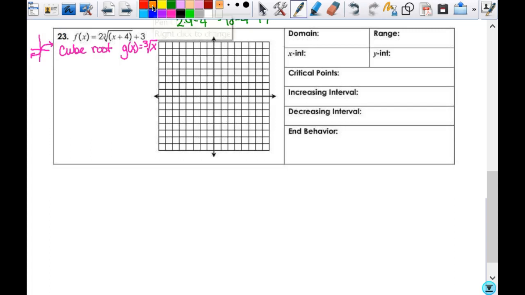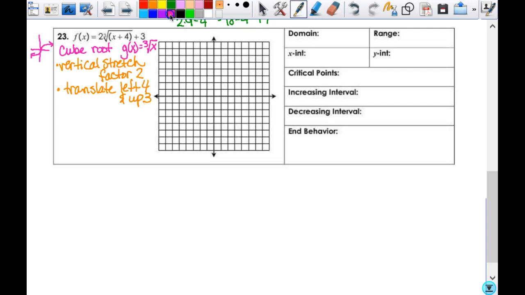For my transformations, this 2 is on the outside, so that is going to be a vertical stretch by a factor of 2. And then these are both translations, so we're going to translate left 4 and up 3.